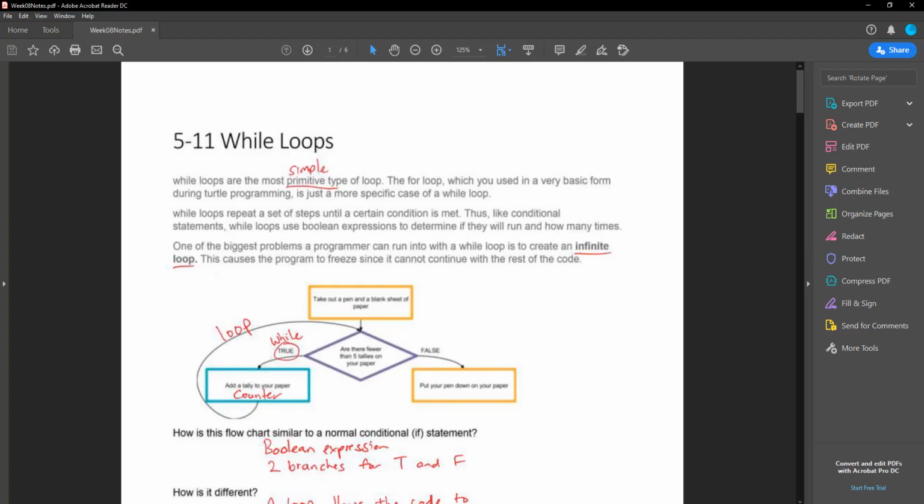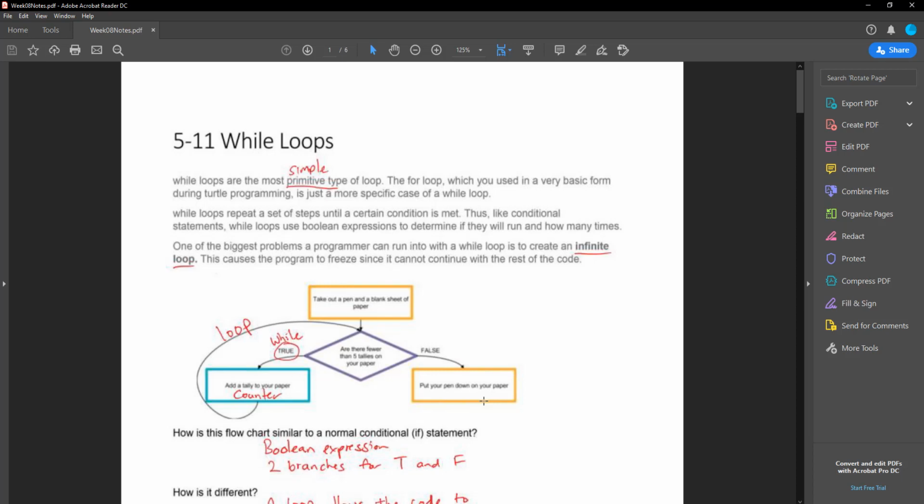So just to take a little look at the notes here, again, nothing beyond what you've learned before, right? The while loop is a very simple loop simply because there's not that built-in counter going on there. The biggest issue, of course, with a while loop is that there is the potential for it to go into an infinite loop. So if you said while true, it's an infinite loop.